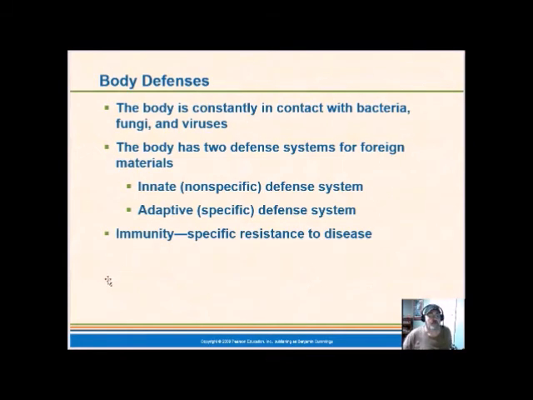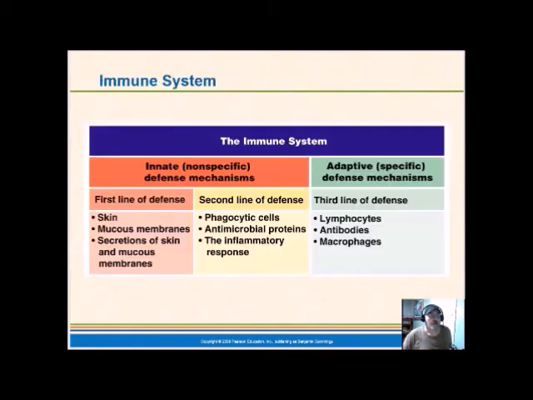Immunity is the resistance to specific diseases. Now, when we start looking at the immune system, the innate consists of several nonspecific mechanisms, nonspecific being that they don't go in and pick a certain type of organism. They are barriers to us getting exposed to the organism in the first place.